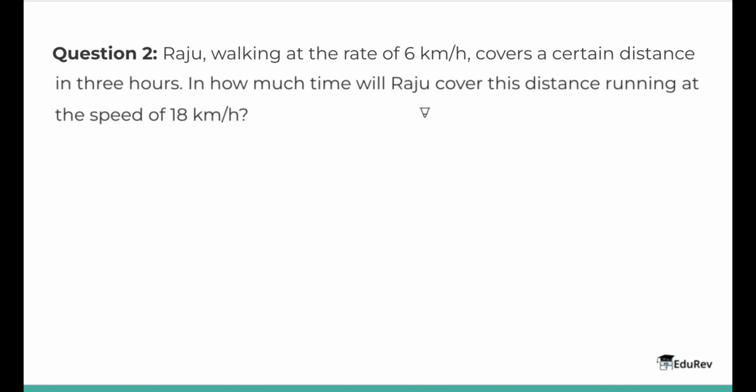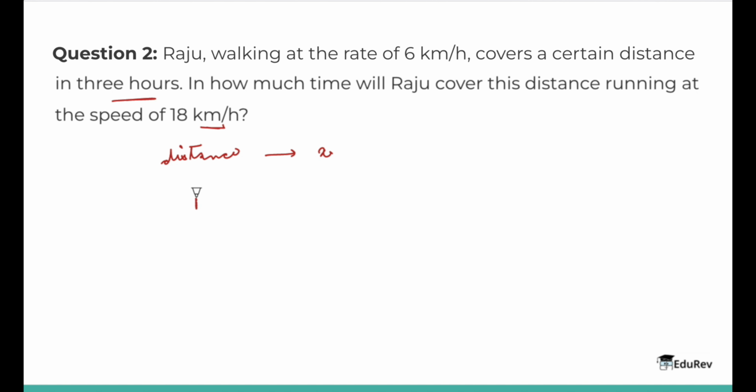Question 2 says, Raju, walking at a rate of 6 kilometers per hour, covers a certain distance in 3 hours. In how much time will Raju cover this distance running at a speed of 18 kilometers per hour? So let the distance be x.